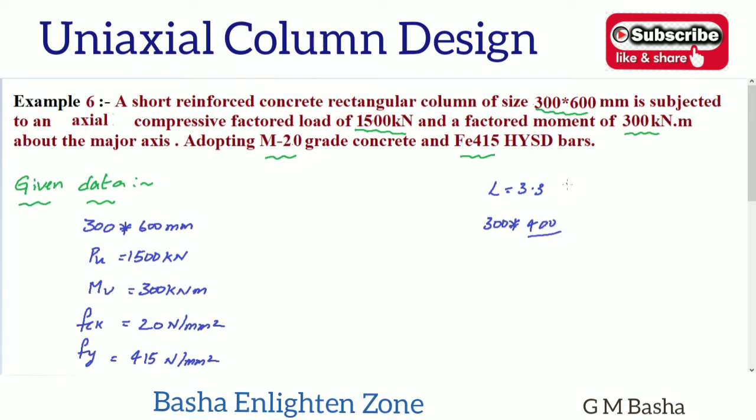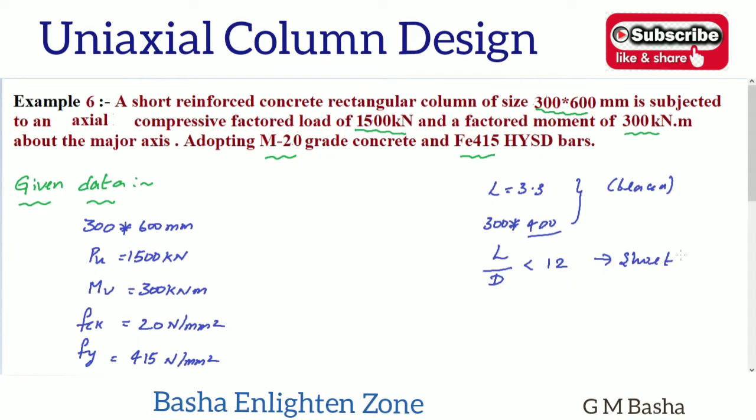In the last example we had the condition that it will be braced and they directly mentioned just design a reinforced concrete column. They didn't mention whether it comes under the short column or long column. So based on that you have to find whether it is a short column or long column, meaning L by D less than 12, it will be designed under the short column.